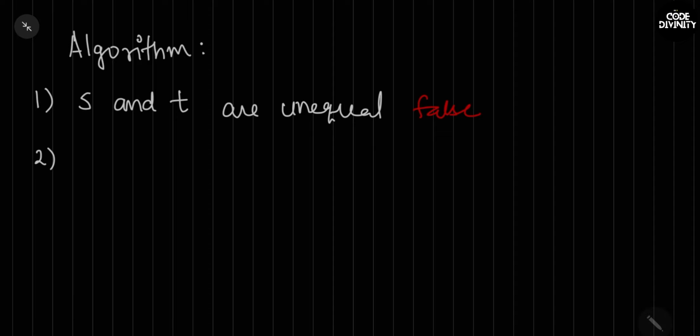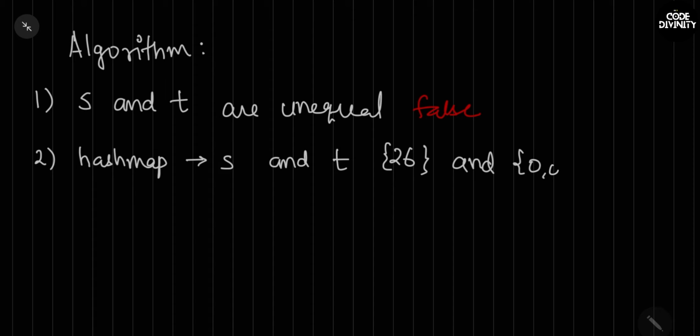Then if the strings are of equal size, then we will declare two hash maps. Hash map for S and T, and both of the hash maps will be of size 26 and will be filled with zeros, because there can be 26 alphabets and initially the count of all the alphabets will be 0.